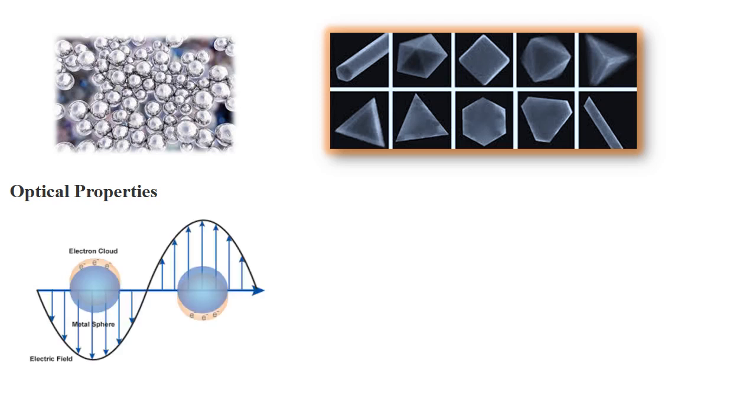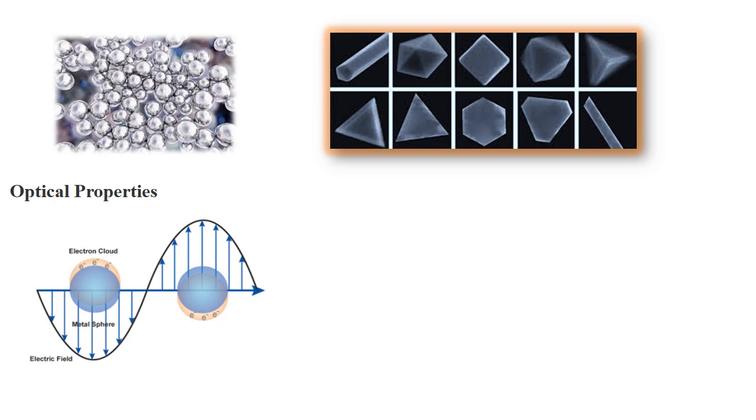The first one is the optical properties. Similar to other metal nanoparticles like gold nanoparticles, silver has the SPR effect, that is surface plasmon resonance. When silver nanoparticles are exposed to a specific wavelength of light, the oscillating electromagnetic field of the light induces a collective coherent oscillation of the free electrons on the particle surface.